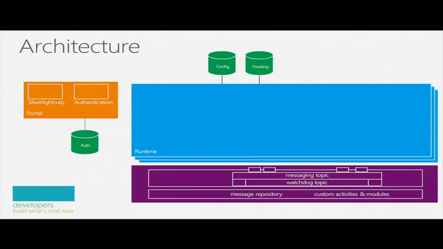A little bit on the architecture, and there's, I believe, some interesting things there. So first of all, we have a portal that is used to configure and to track messages, so to configure your flows, your messaging flows, and to view all the messages that pass through. And that's built in Silverlight, so we believe it's not dead, at least.